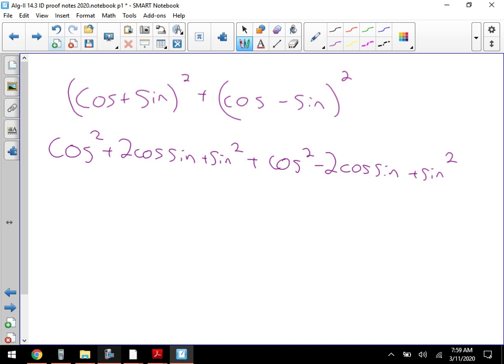Foil it out. Junk squared is junk times junk. Foil it out. Remember patterns. You get first term squared, multiply the two together, double it. These go away. What's cosine squared plus sine squared? 1. What's cosine squared plus sine squared? 1. Plus 1 plus 1. 2.